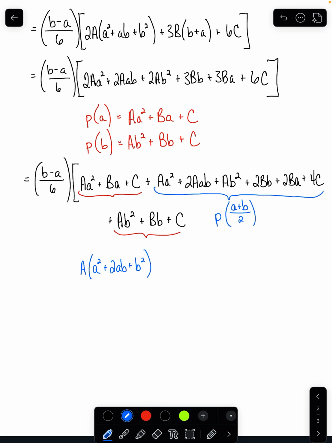To continue to work with this, little a squared plus 2 times little a times little b plus little b squared is a perfect square trinomial. It is a plus b squared.